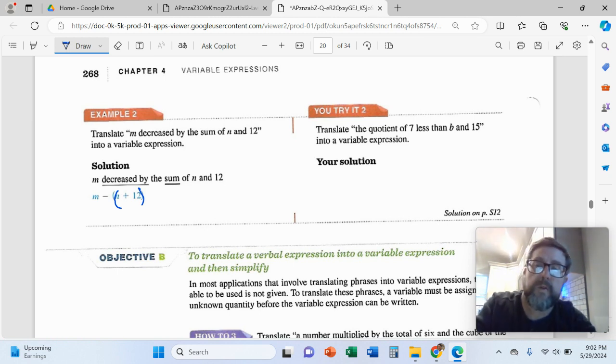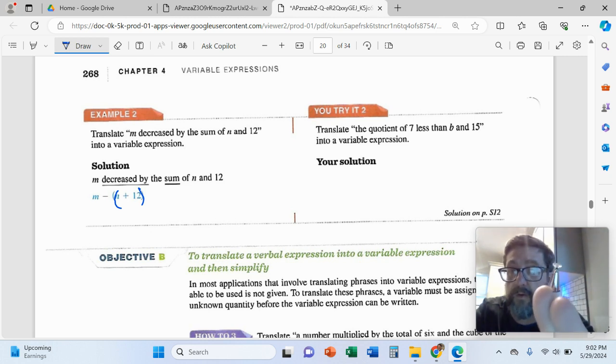Let's do the "you try it" over here together. You can hit pause if you don't want to listen to me talk and want to try doing it on your own first. The quotient of 7 less than b and 15.